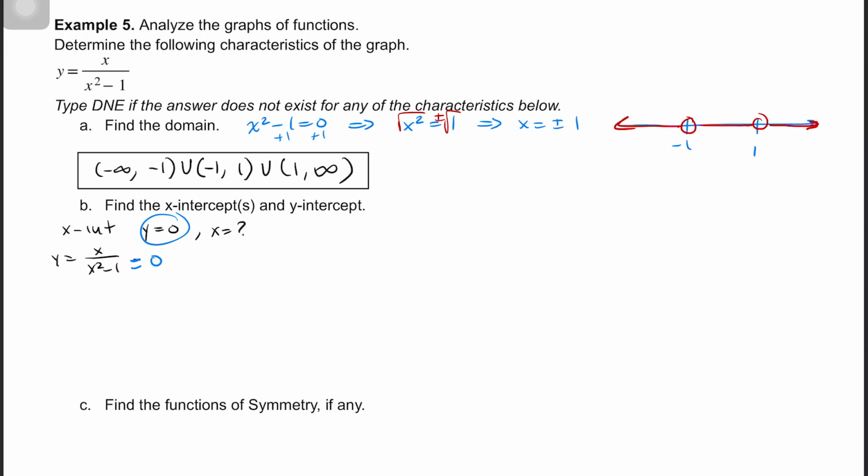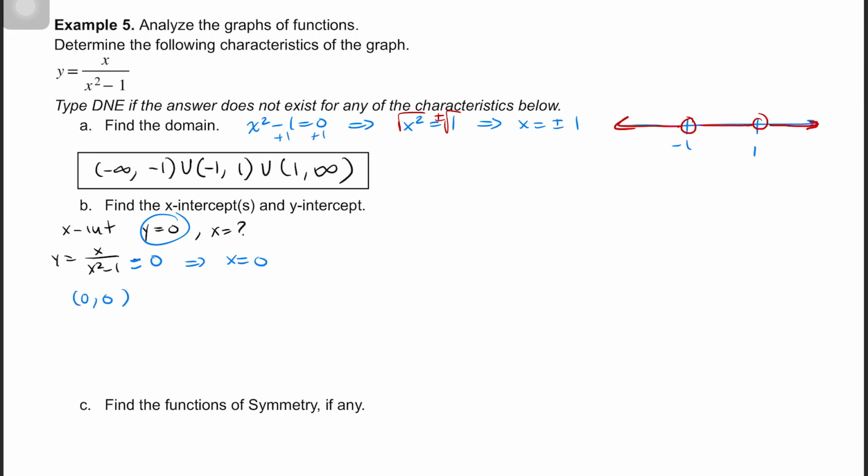I have mentioned before that the only way a quotient is going to be 0 is whenever the numerator is 0. So this is going to happen when x equals 0. So that's your x-intercept: 0, 0.